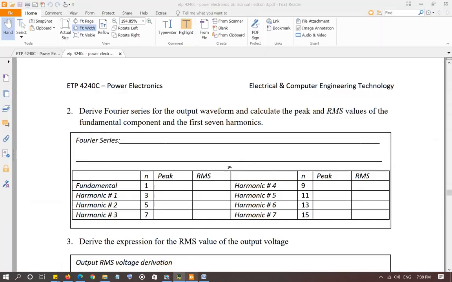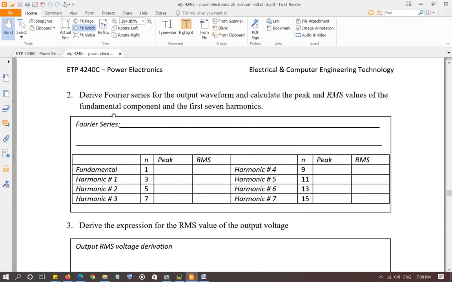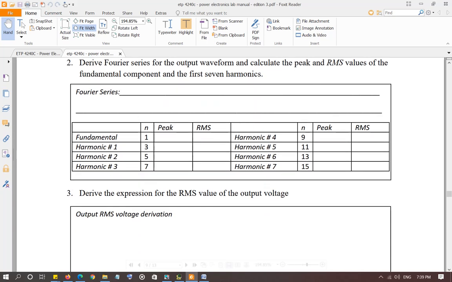Okay, in the next one, you have to derive the Fourier series of the output voltage waveform. This was done in the class, and the expression is present in the lecture notes. And from the Fourier series, you have to write down the values of the peak and RMS values of the fundamental component and the first 7 harmonics.